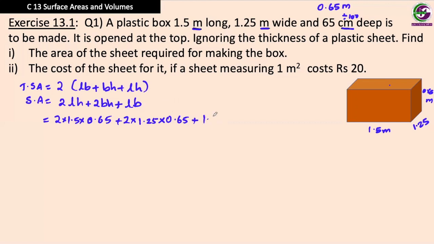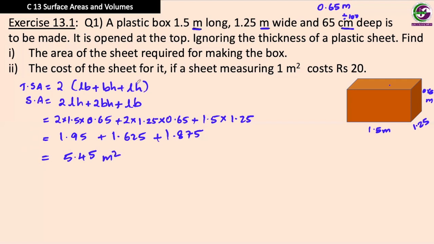Length is 1.5 times the breadth is 1.25. So when you simplify this, you will get the answer. When you calculate, you will get 1.95 plus 1.625 plus 1.875, which will be equal to 5.45 meter square. That will be the total area.